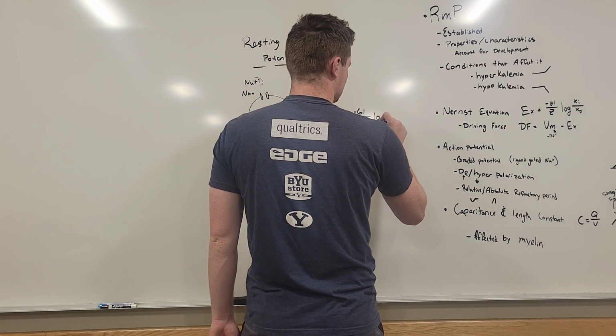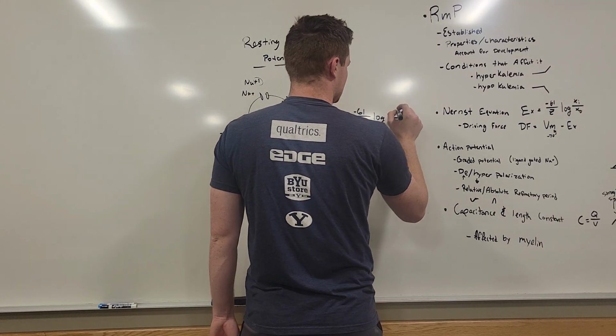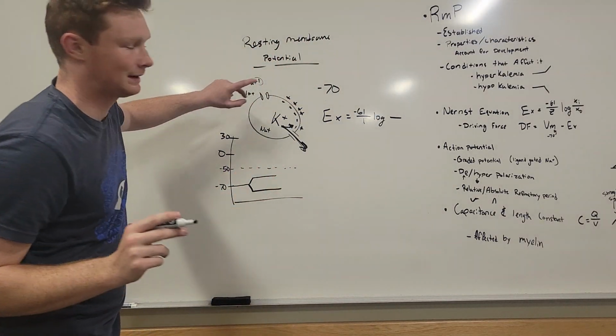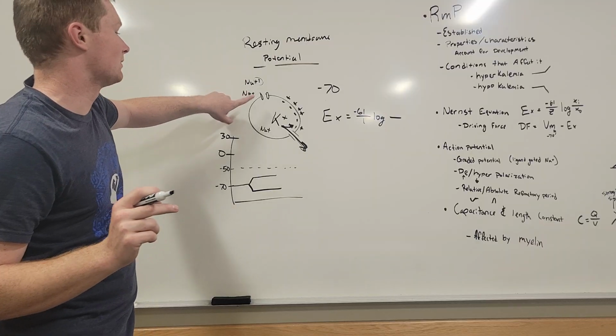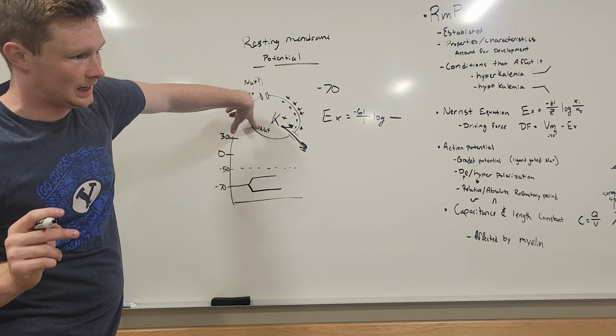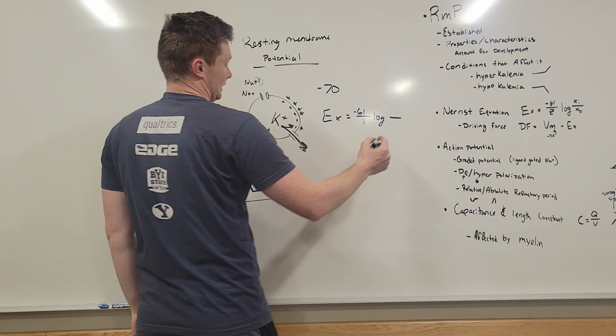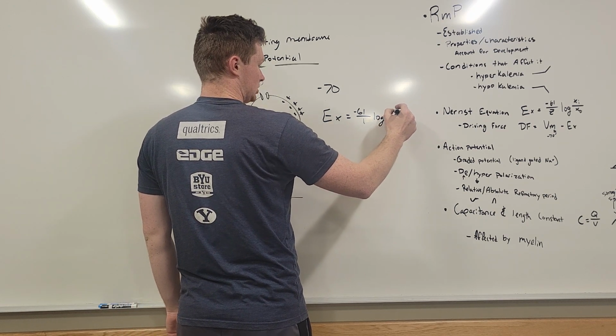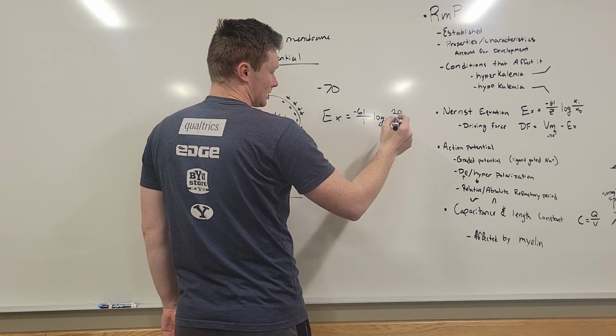Log of x, so this is basically the concentration gradient. So x of inside, so Na, there's not a lot of Na inside, so let's just say 20. I don't know, I'm throwing out numbers there.